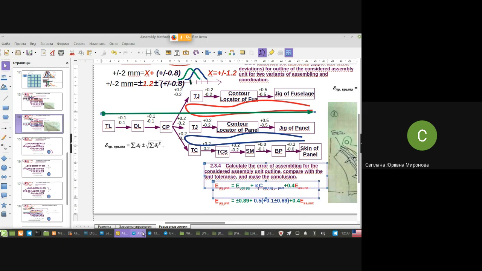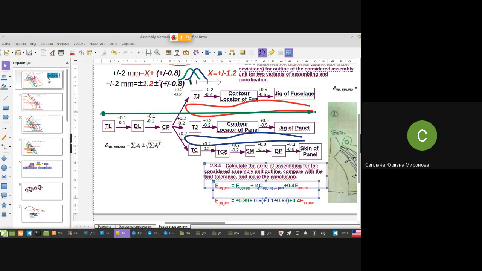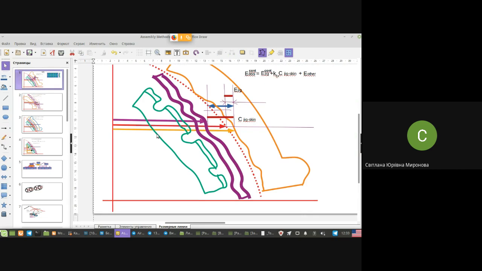Now, moreover, I hope it's not difficult for you to imagine this distance between the outer surface of the skin in the picture and the outer surface of the locator, which appeared because they are not ideally manufactured.